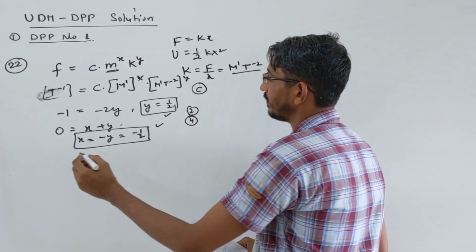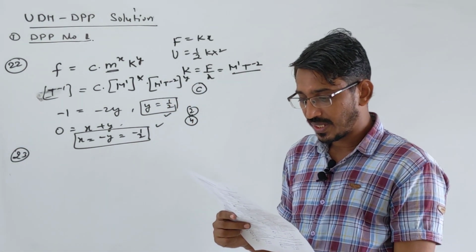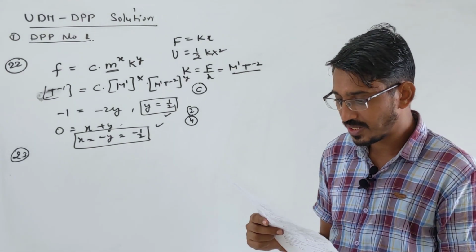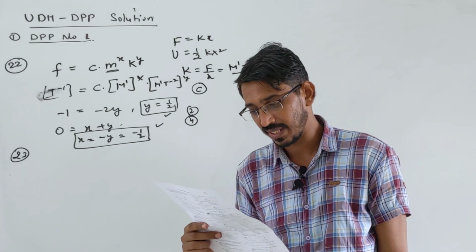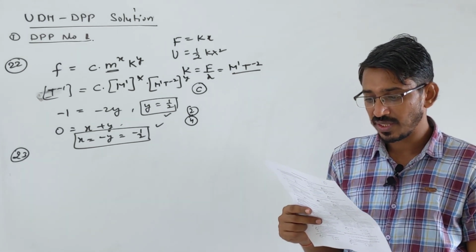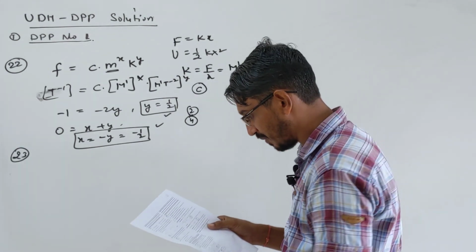Question number 23. This question says that if P represents the radiation pressure, C is the speed of light, and S represents the radiation energy striking per unit area per unit second, the non-zero integers x, y, z such that these are dimensionless are. Very interesting question, please give attention here.